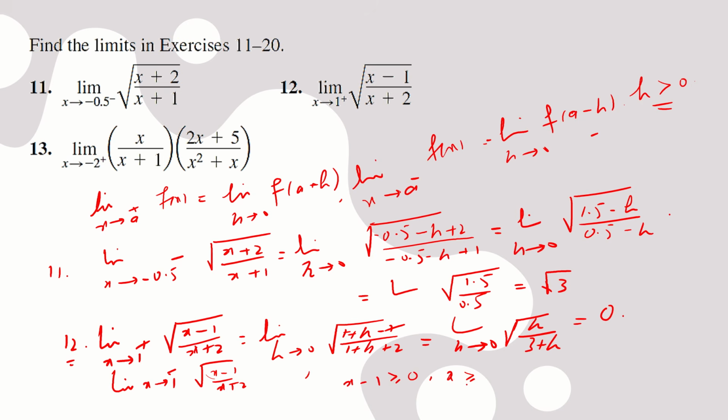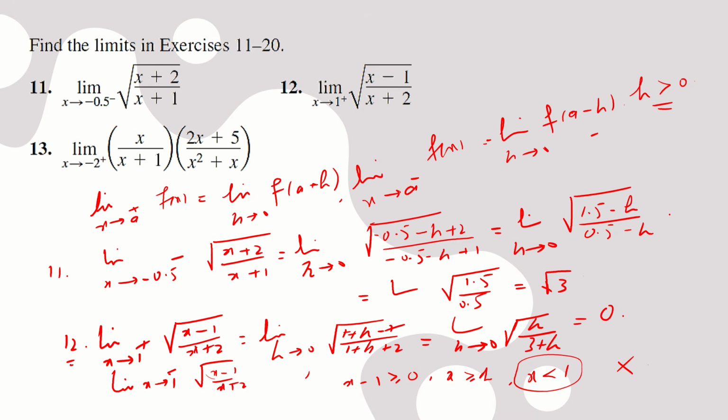So it is defined for x greater than or equal to 1. It is not defined for x less than 1. So therefore इसका जो left hand limit है वो exist नहीं करेगा. It doesn't exist in this case. ठीक है, तो ये आपने ध्यान में रखना है कि जिस पॉइंट पे हम left hand limit या right hand limit find कर रहे हैं या as a whole limit find कर रहे हैं, क्या उस पॉइंट पे function जो है उसका left side और right side पे function defined भी है या defined नहीं है.